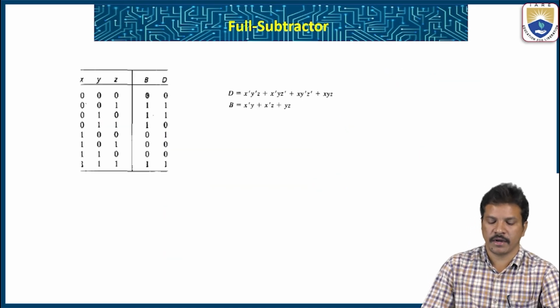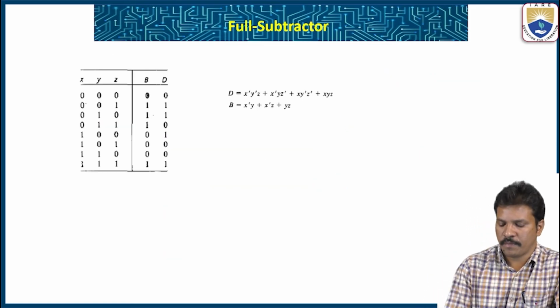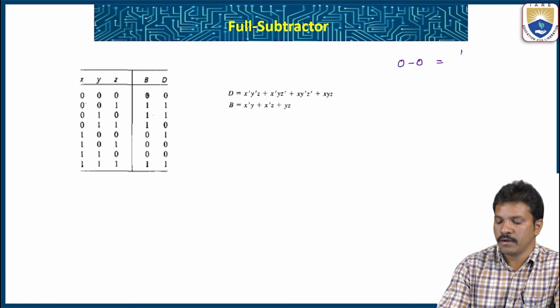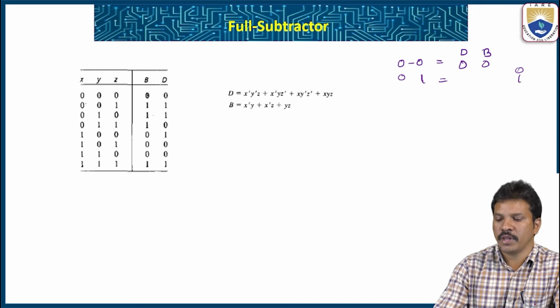Next, the full subtractor. We know that in a subtractor, 0 minus 0 will give difference and borrow as outputs. 0 0: difference 0, borrow 0. 0 1: if you want the difference 0 minus 1, we require a borrow.